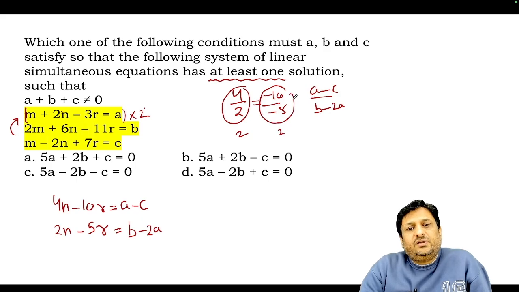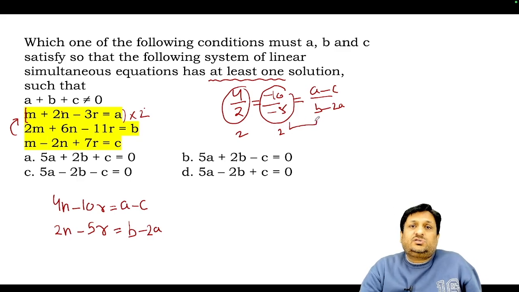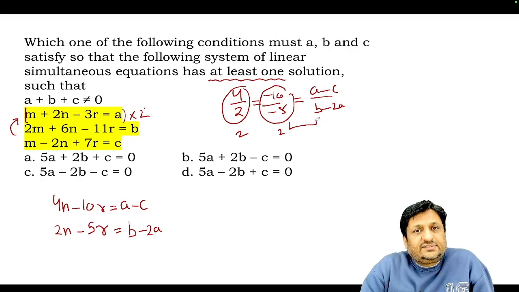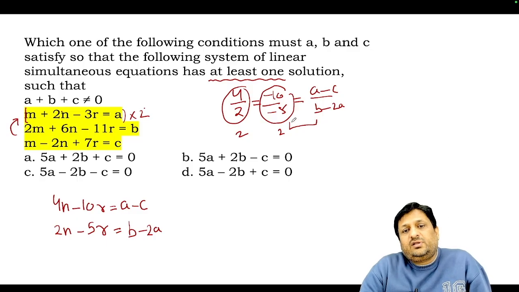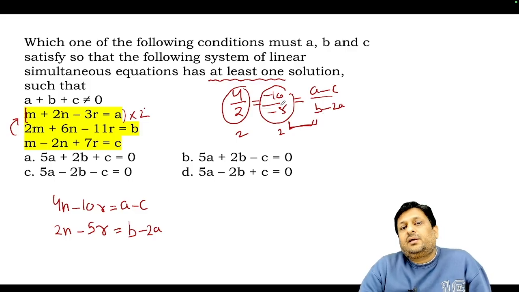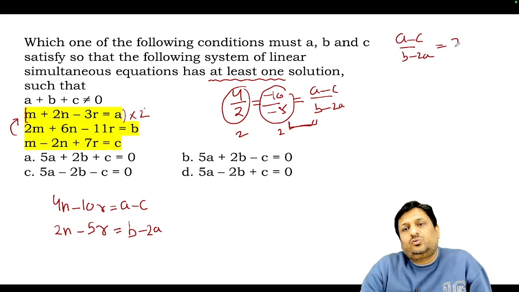So the ratio of the constant terms should also be equal to that, because the case of a unique solution is of course eliminated, but the case of infinitely many solutions can still exist, and it will exist only when a1 by a2 equals b1 by b2, which equals the ratio of the constant terms. Now it means a minus c divided by b minus 2a should be equal to 2.